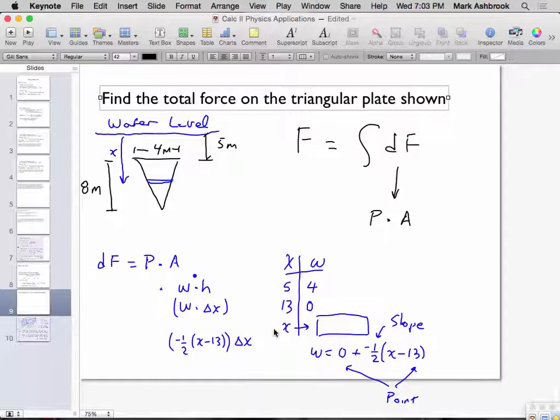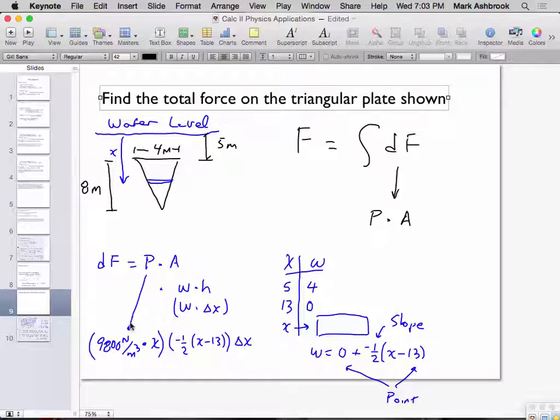Okay, pressure. I told you how to find pressure. Pressure is weight density times depth. So what's the weight density? We're underwater, so this would be 9,800 newtons per meter cubed, times depth, which is x.